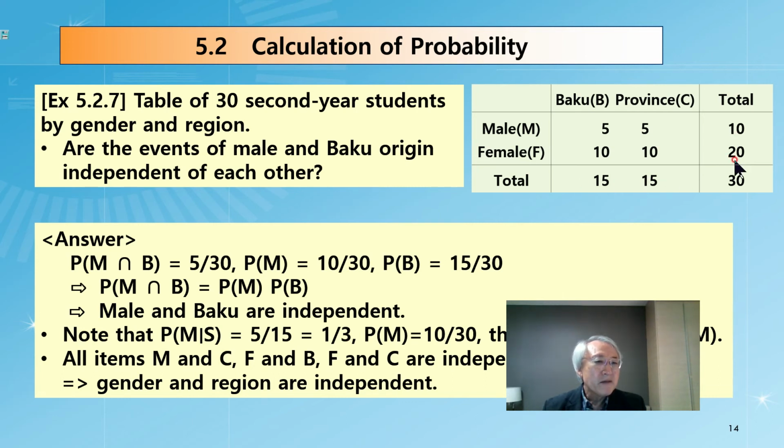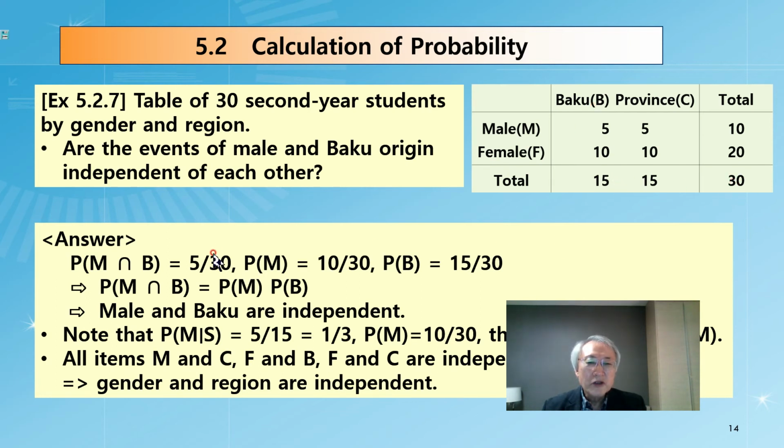Maybe in each of male and female, we have the same ratio. In that case, if you calculate M intersection B, what is it? That is 5 out of 30. Also, what is P(M)? That is 10 out of 30. What is P(B)? This is 15 out of 30.